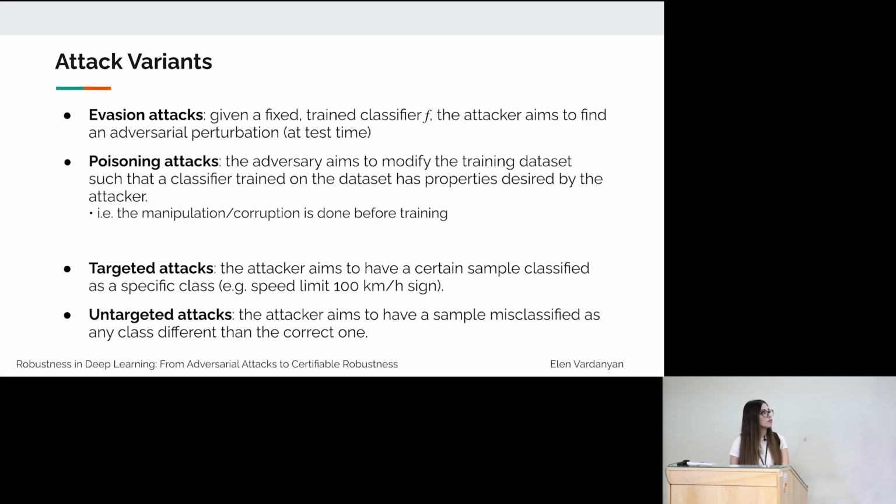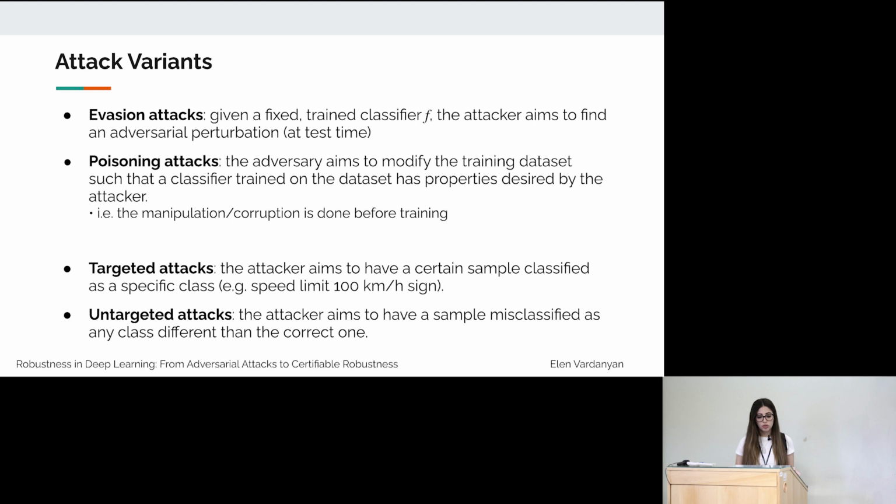So what types of attack variants are there? First of all, we have the grouping of evasion attacks and poisoning attacks. We'll mostly focus on evasion attacks in this talk. This is when we have a fixed and already trained classifier f, and the attacker wants to find perturbations to fool the network at test time.